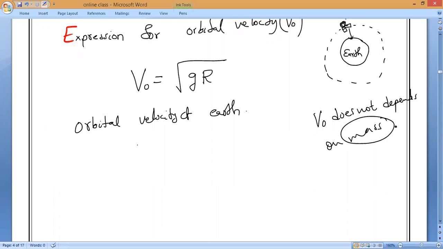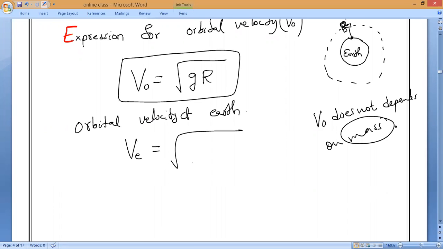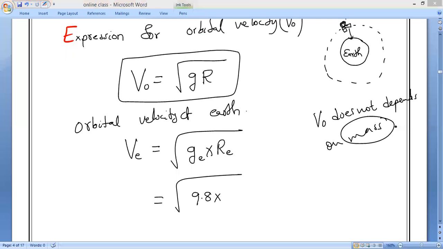This is the common formula, guys. Now tell me, what is the g value of Earth and the radius of the Earth? g is 9.8, and the radius of Earth is 6.4 into 10 power 6.